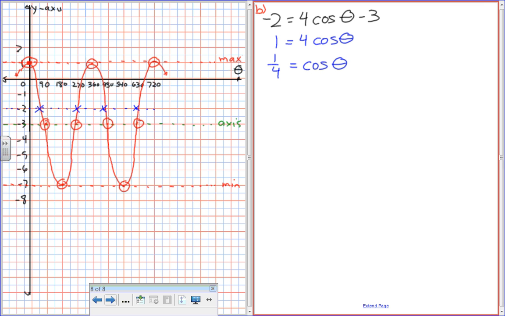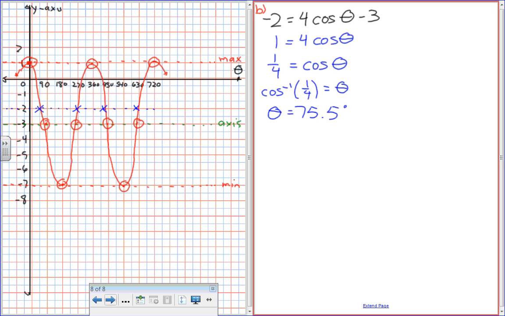What do we do? Cos inverse, okay? And you're the best at solving cosine equations in this class. Can you please solve for theta? 75.5, I'll call it 75.5.